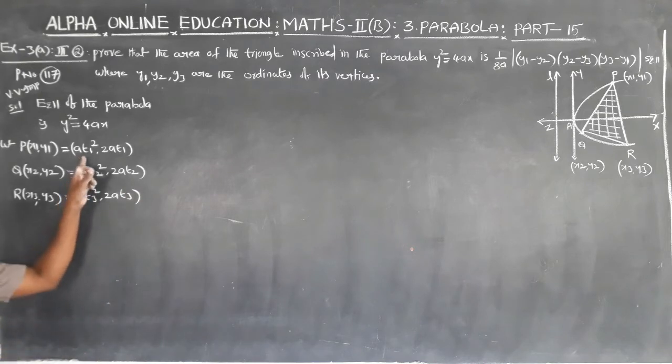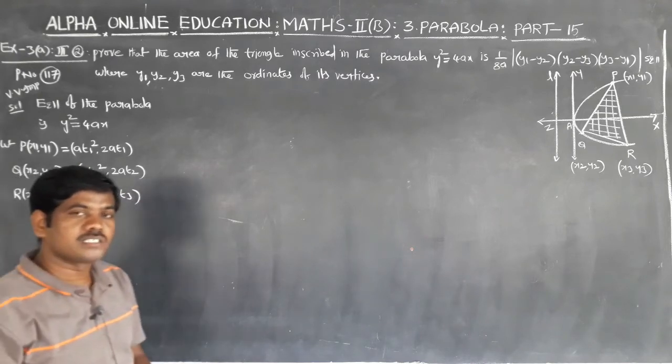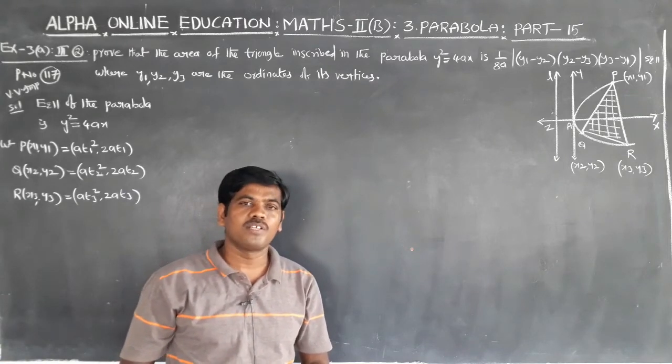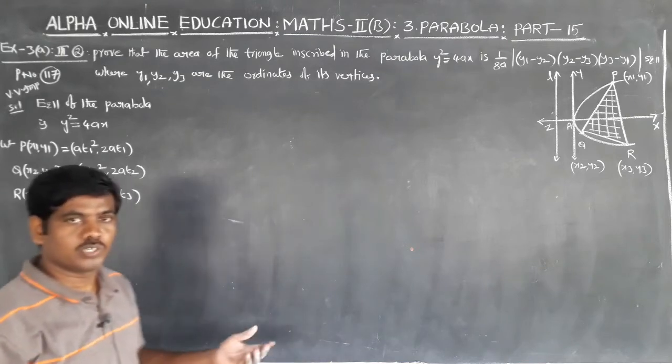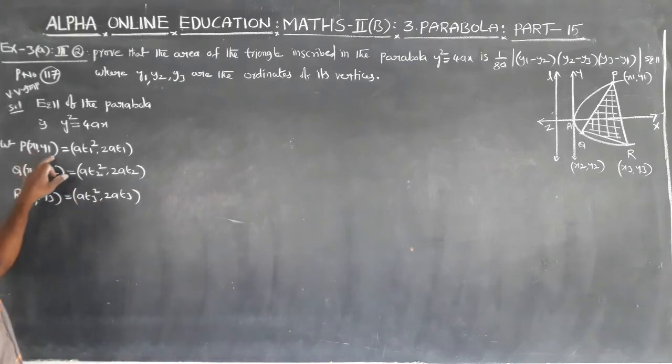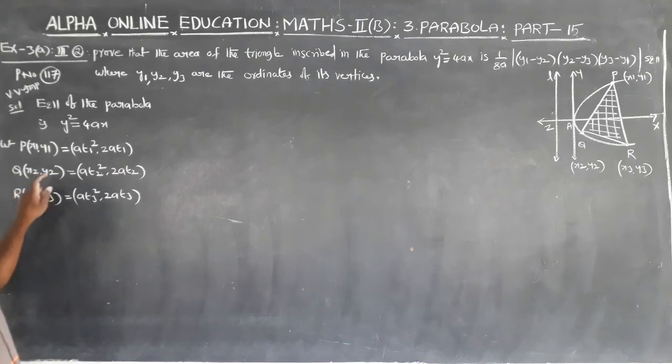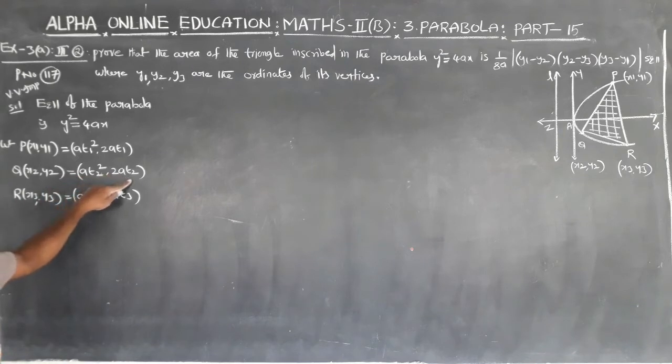Here (at square, 2at) is the parametric equation of the parabola y square is equal to 4ax. So the first point P(x1, y1) is (at1 square, 2at1), the second point (x2, y2) is (at2 square, 2at2), the third point R(x3, y3) is (at3 square, 2at3). These are the 3 points.